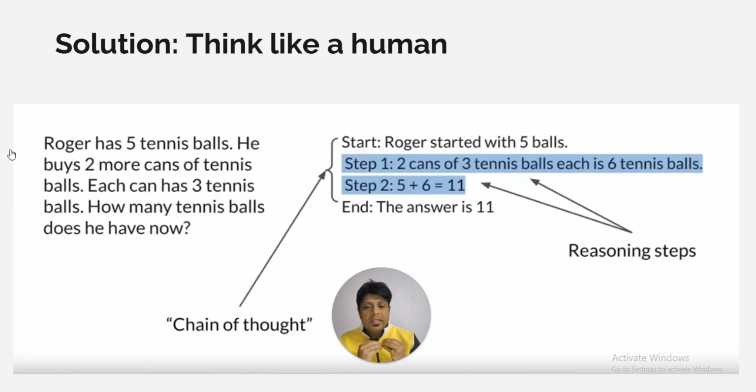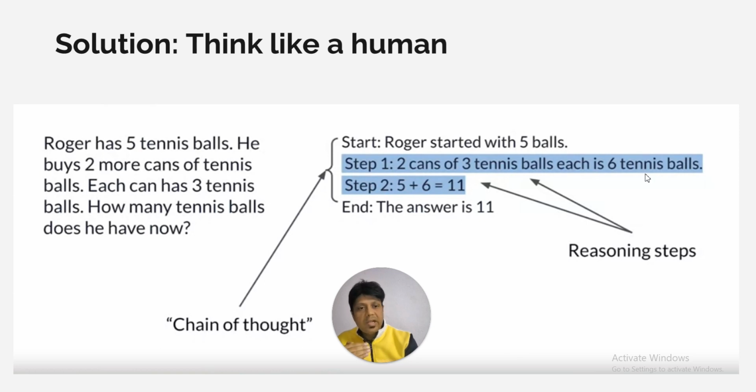Let's understand this. The solution is: think like a human. If we want the model to understand this problem, instead of just writing the problem and the answer as 11, we need to break this into multiple steps. So say: Roger started with 5 balls.